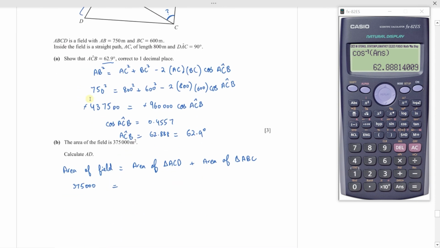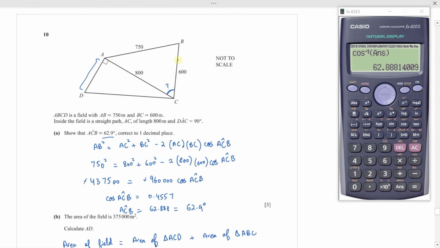So using the formula for the area of triangle, 1 by 2 into base, which is AD, into height, which is 800, and then plus area of triangle ABC. Area of triangle ABC.